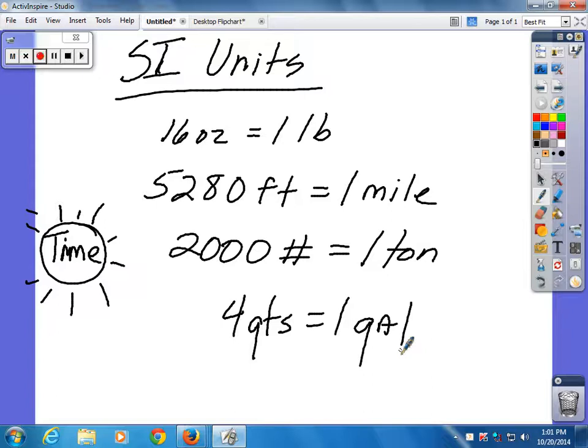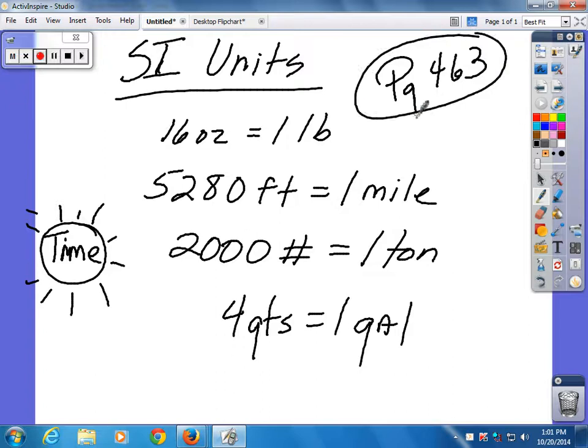Yeah, those are your SI units, U.S. customary units. So make sure you know them on page 463. And if you need to look them up on the internet, just call up SI units or U.S. customary units, and they'll give you a whole list.